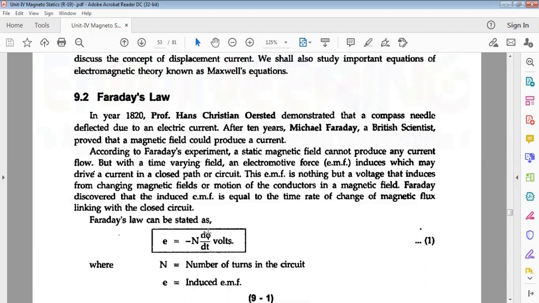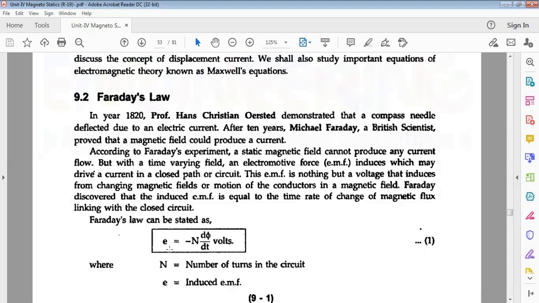So what it states is that E, the electromotive force EMF, is equal to the time rate of change of magnetic flux. Faraday's law discovered that the induced EMF is equal to the rate of change of magnetic flux with respect to time, or the time rate of change of magnetic flux linkages with a closed circuit.